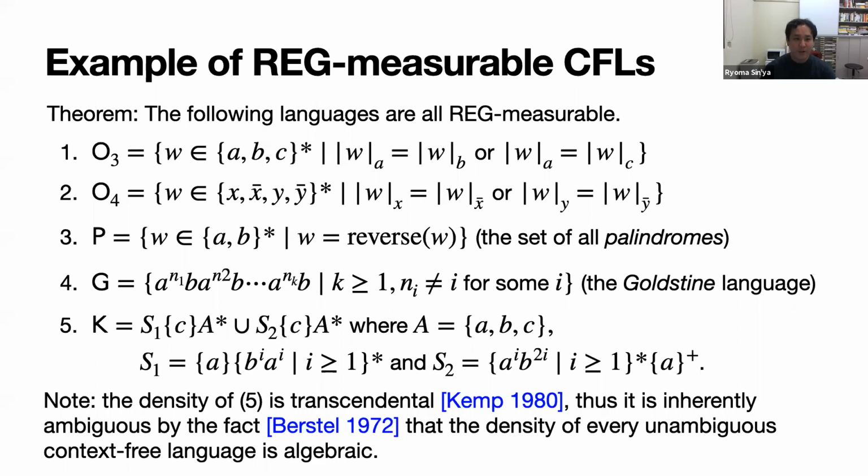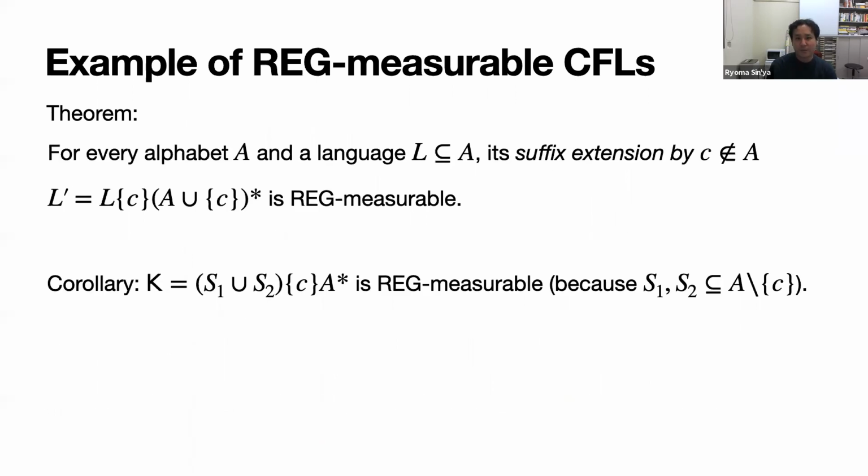I actually showed a somewhat more general result. Here is a theorem. For every alphabet A and every language L over A, we define its suffix extension as the language L' defined here: concatenate L with c from the right, and then concatenate (A ∪ {c})*.